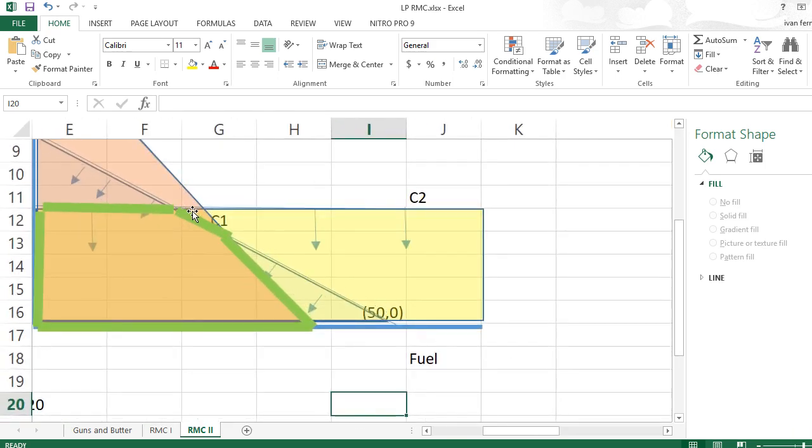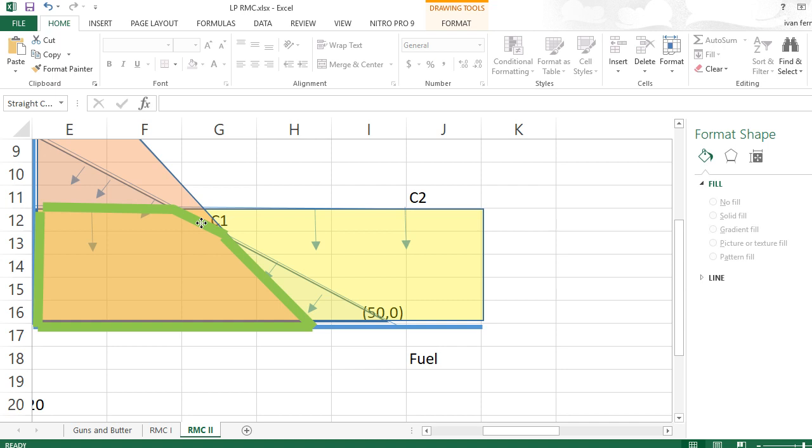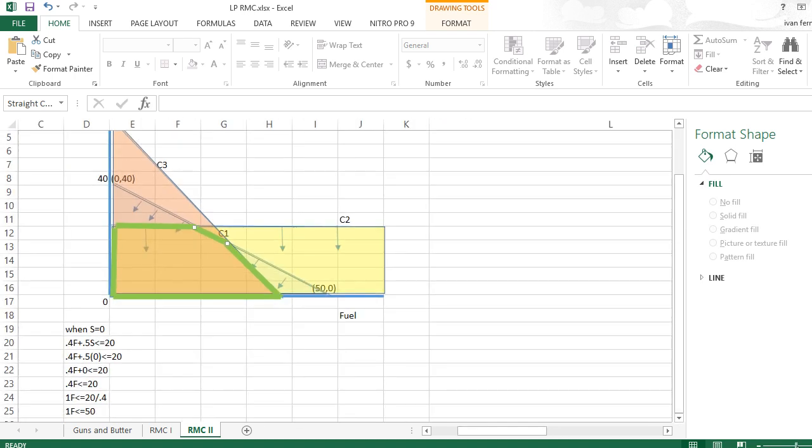This tiny triangle here in the middle is actually not feasible because it only satisfies C2 and C3. It does not satisfy C1. C1 is a line that goes right through here, and it's telling us that all the values to the left are feasible, nothing to the right. So this triangle is actually not part of this feasibility area.